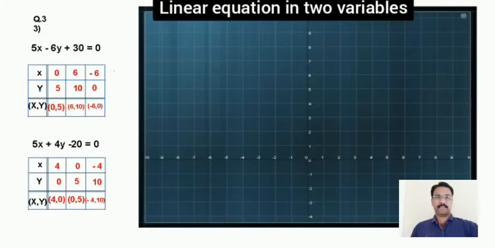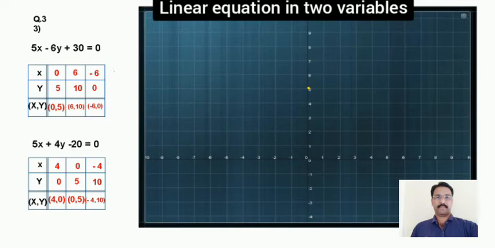See here, for question number 3. Look here, first (0, 5). Where do we have to plot (0, 5)? It is on the y-axis. (6, 10) is in the first quadrant. The point is too far away.